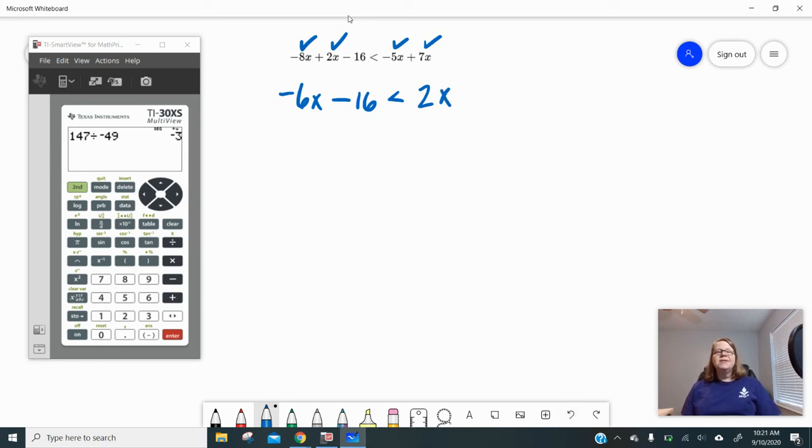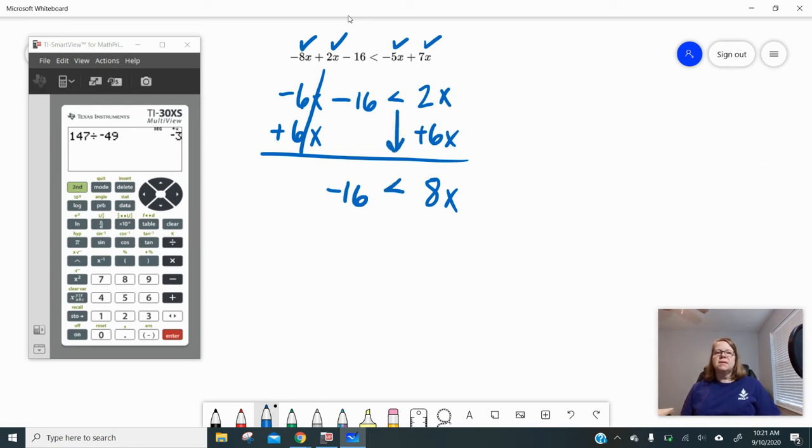All right, so instead, what you want to do is, even though we know the x needs to end up on the left, go ahead and move it over here to the right side for now. That way, you're getting x's on one side in one step and numbers on the other side in one step. And I'm just going to bring the less than down.